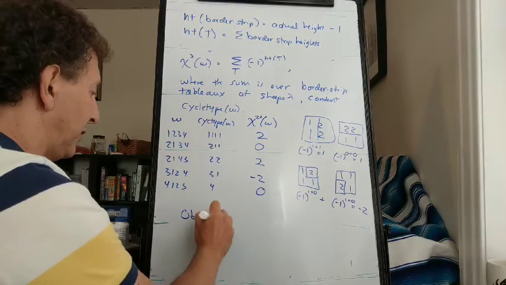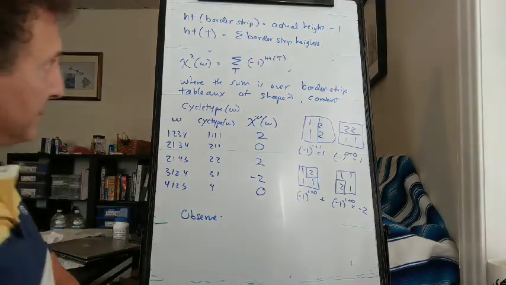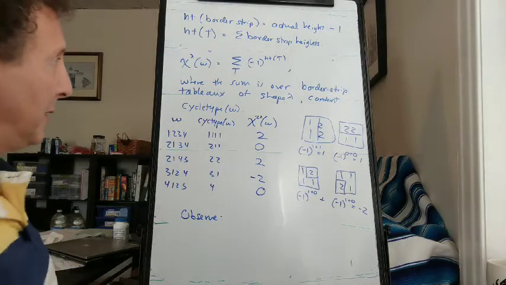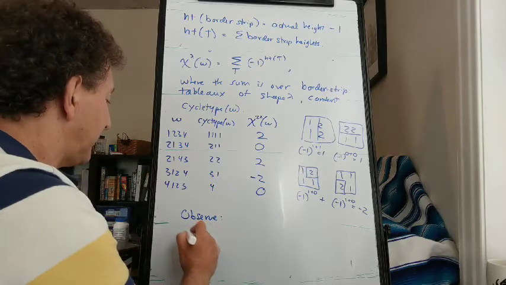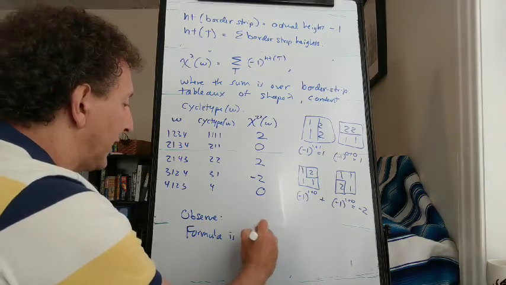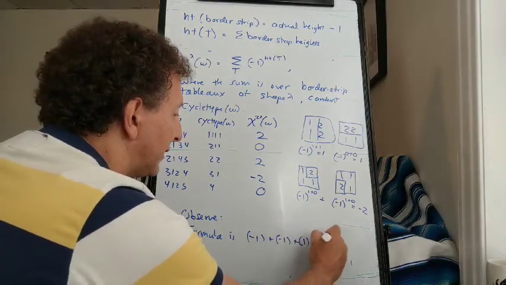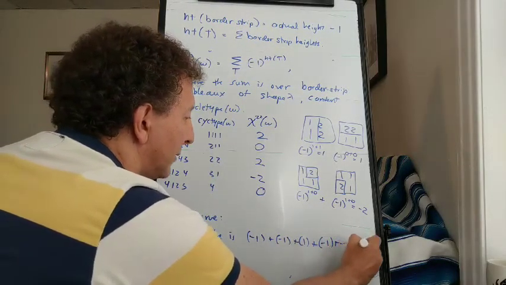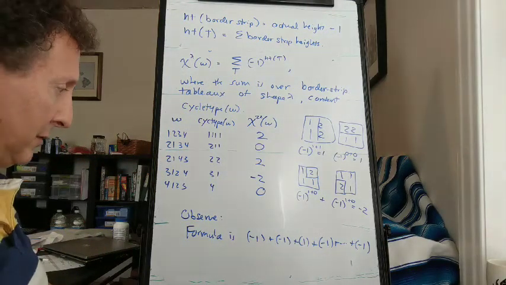And let's just observe one thing about this formula, which I am not clear about, is that what it does is it gives us something like negative 1 plus negative 1 plus 1 plus negative 1, whatever. It's a sum of a bunch of 1s and negative 1s.